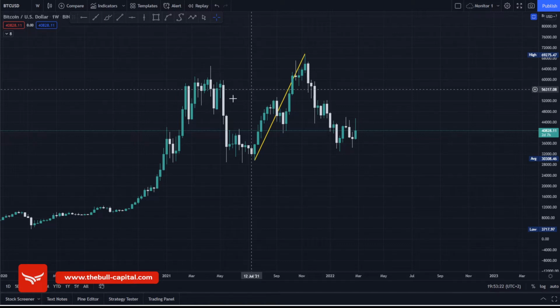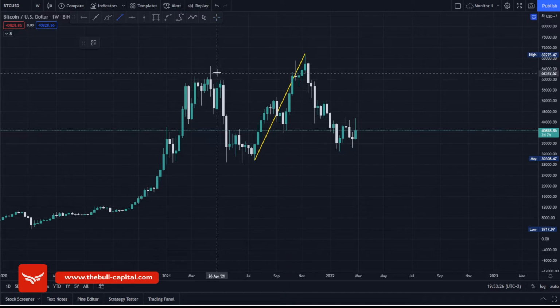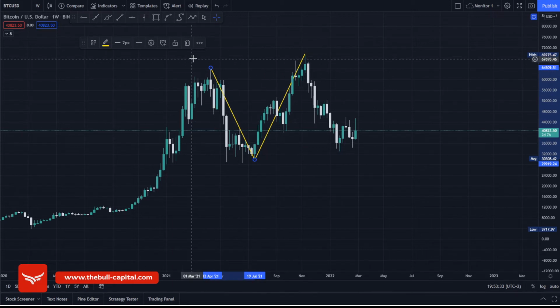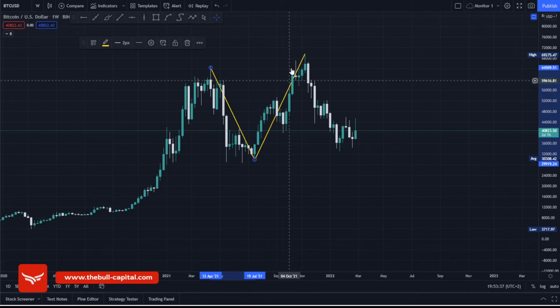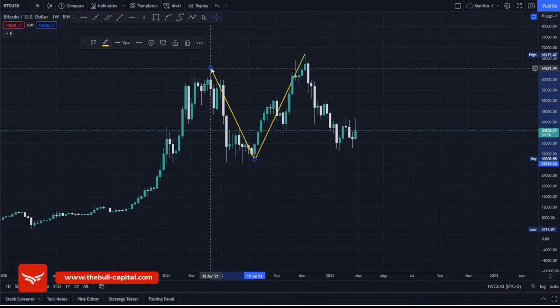On monthly, the swing is actually this one, these two, both of them. It's one month here, but on weekly you have two swings.